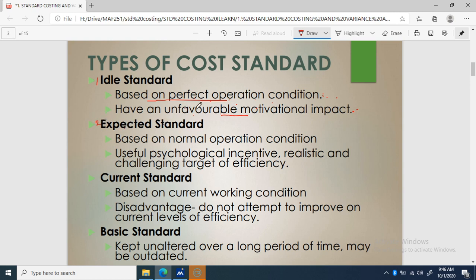To overcome the unfavorable motivational impact, the company may introduce expected standard. Expected standard is based on normal operating conditions. This standard is a useful psychological incentive, a more realistic and challenging target of efficiency. When they set the standard, they base it on normal operation, taking into consideration the loss.